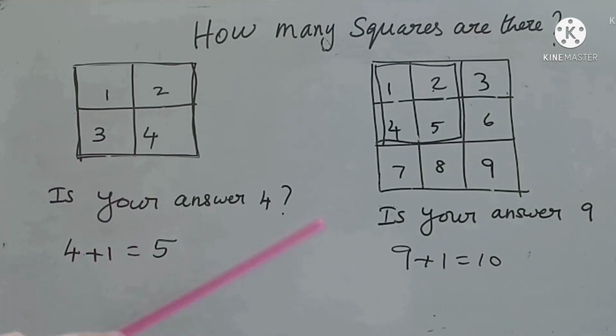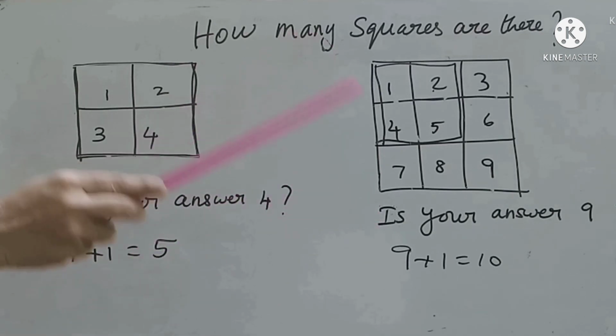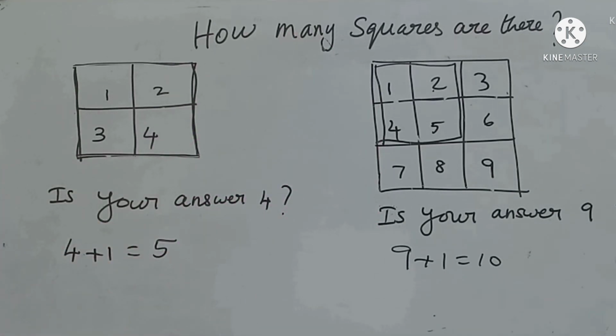Here you don't write only 9, you should write 9 plus one bigger square, 10. This way you have to write the answer for fourth question. First you count all small squares. If you know you can count bigger square, then you write your answer. Need not write exact number of squares. On your observation, you understand and count the number of squares.